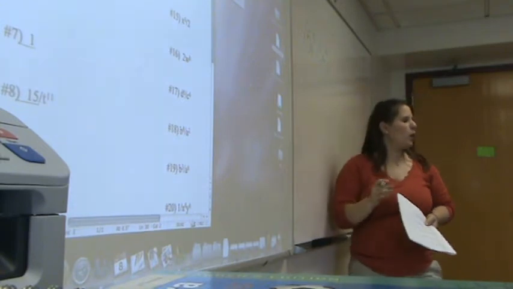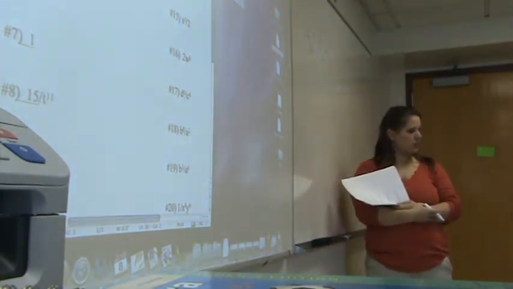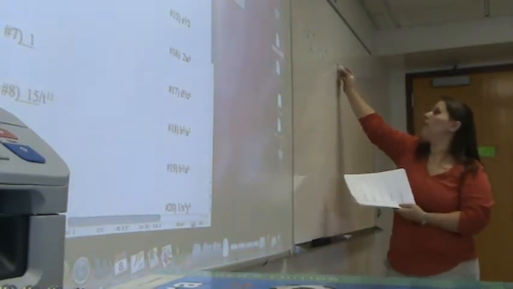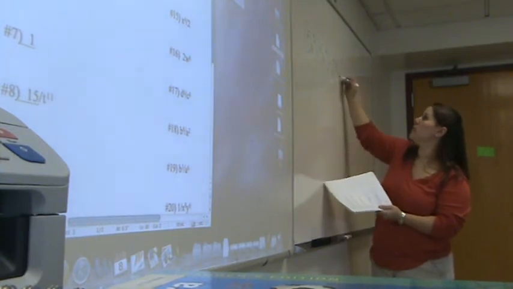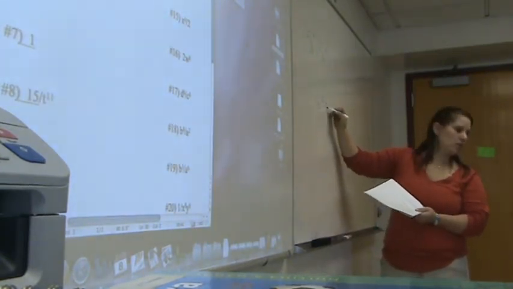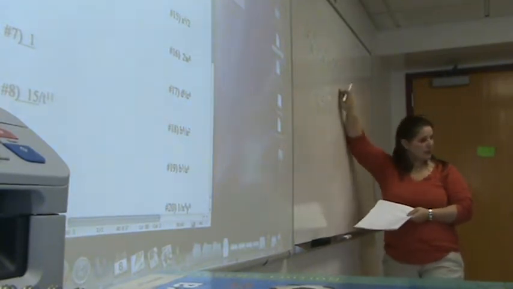What do you want to do first here? You're going to multiply 5 times 5. Okay, so we have 25. And then what are you going to do next? Add the exponents. What is 3 plus negative 5? Negative 2. So we have 25a to the negative 2nd.